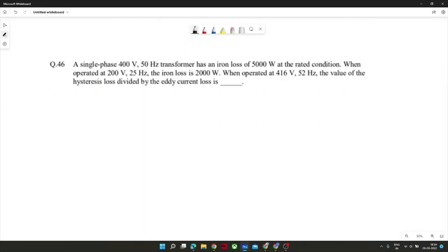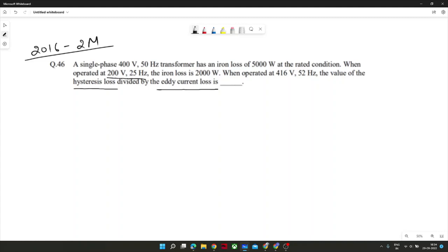Are you able to see the problem based on the transformer? This was asked in 2016 for 2 marks. Here we had to calculate the hysteresis loss and eddy current loss, and write the ratio between both of them. A 400 volt 50 hertz supply of a transformer was given, and three operating points are given in the problem.